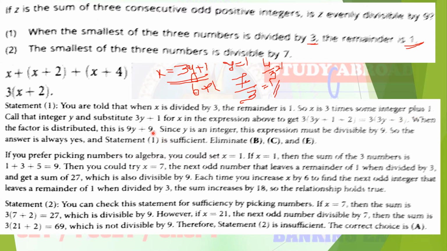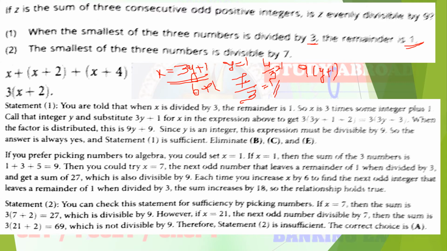From that expression, is this number divisible by 9? Yes, of course. Why? Because 9 is a common factor. If you take any number, that is exactly divisible by 9.